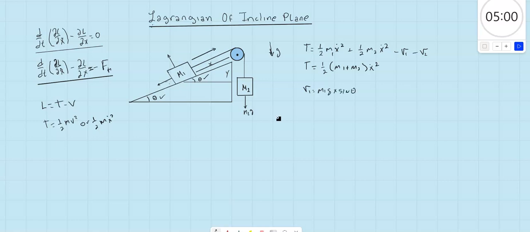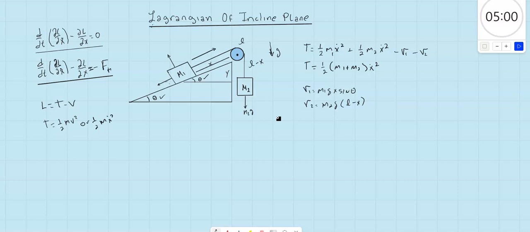And for our potential for mass 2, if this whole rope is length L, and this side right here is x, then this side here will be L minus x. So the potential for our mass 2 will be m2 g times (L minus x).